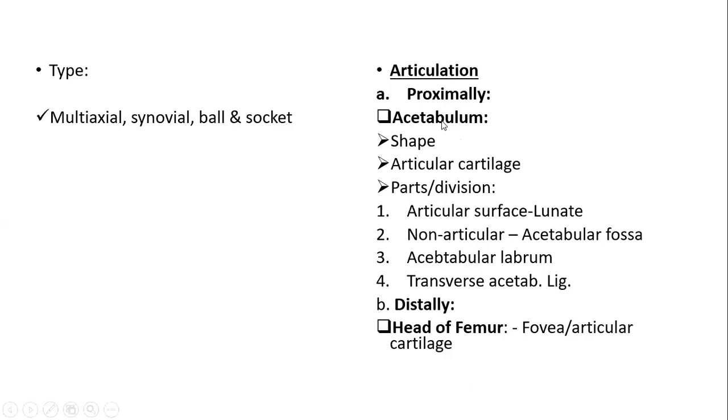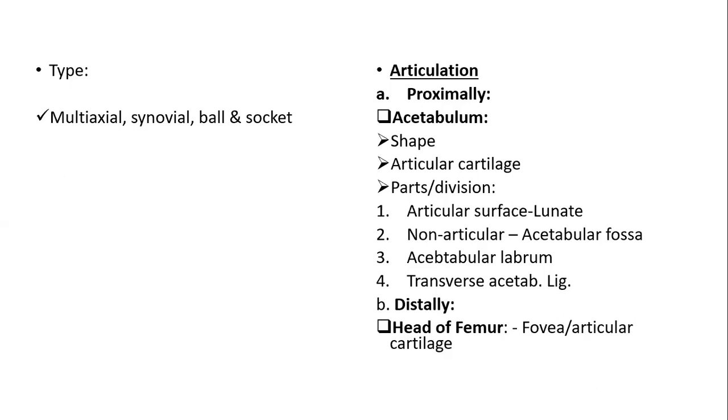Let's discuss some points related with the acetabulum. Proximally, it forms the articulation for the hip joint. It is itself formed by the union of ilium, ischium, and pubis, and is located on the lateral aspect of the hip bone.